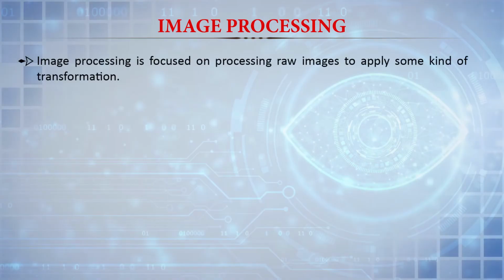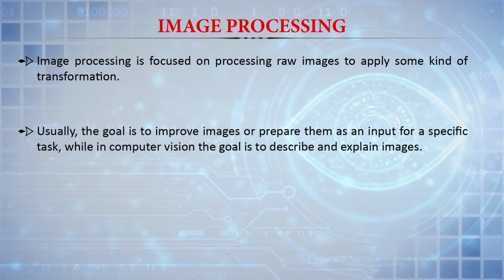Suppose you take the case of image processing. It is focused on processing raw images to apply some kind of transformation. Usually, the goal is to improve the images or prepare them as an input for a specific task, while in computer vision, the goal is to describe and explain the images.